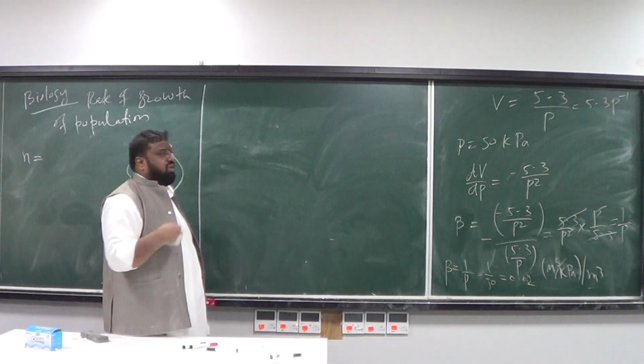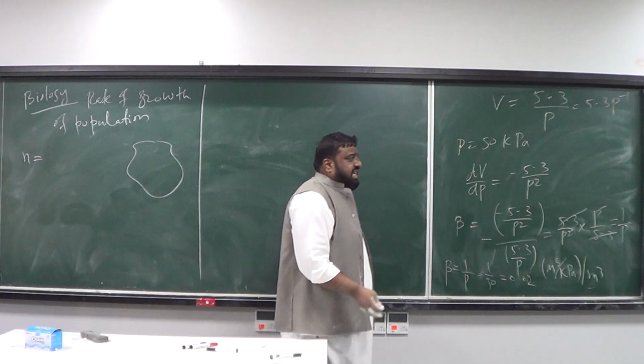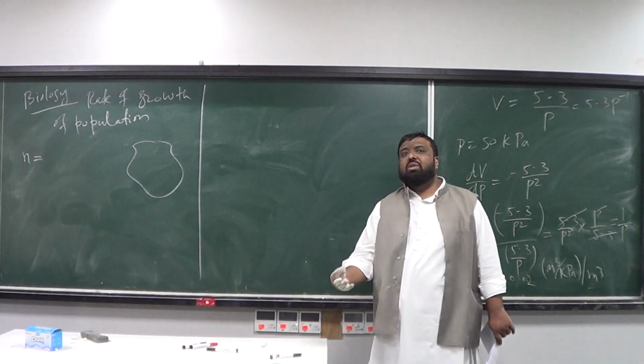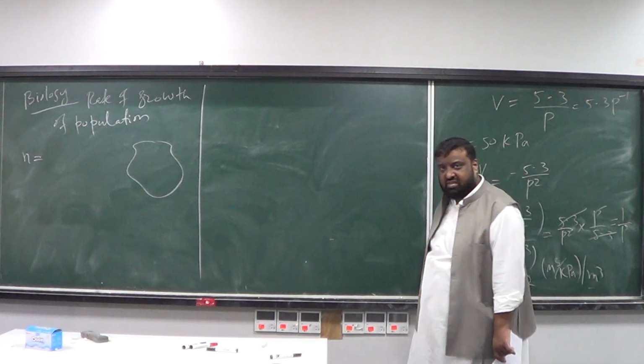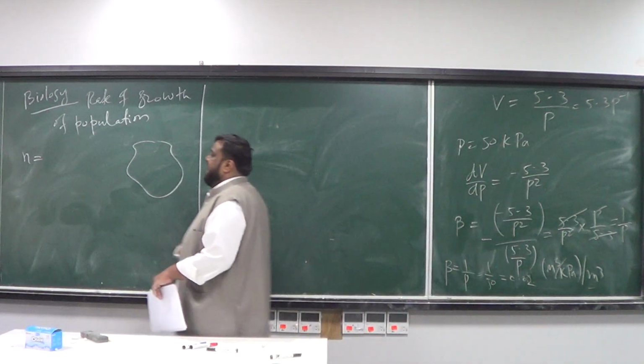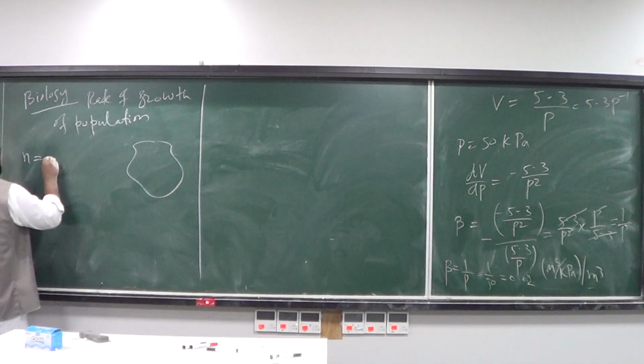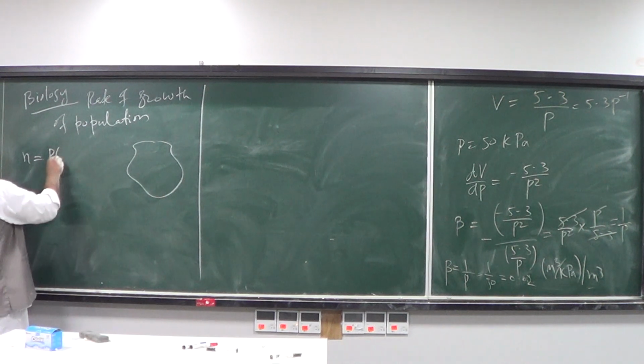Imagine you know that the number of people, or animals, or bacteria, or COVID patients, or whatever, is n. This is the population, and it is a function of t.